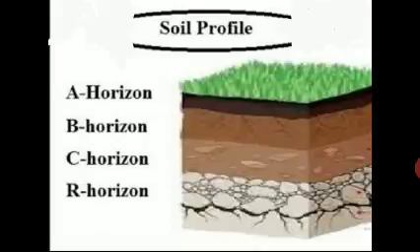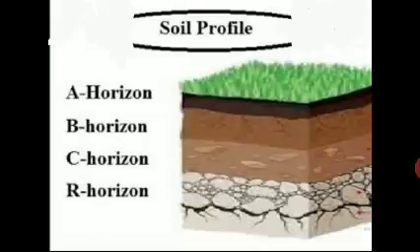Third layer is zone C. It is the layer of unconsolidated material like decomposed rock or freshly deposited alluvium. It is characterized by a coarse grained, rather pebbly texture, marking a transition between actual solid rock and the finely decomposed rock.